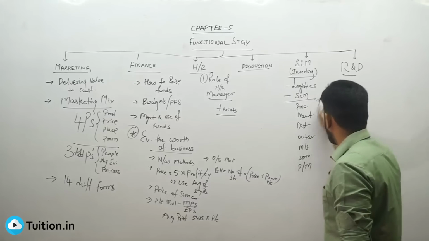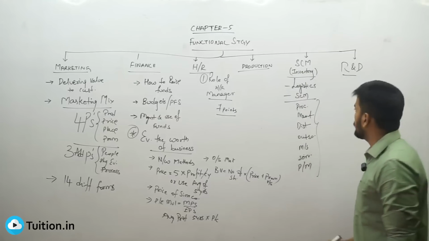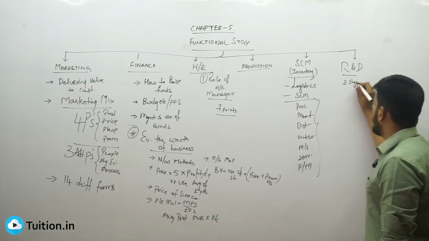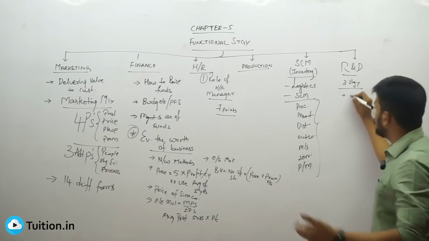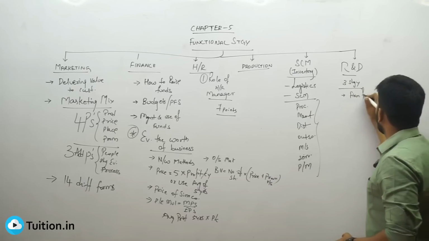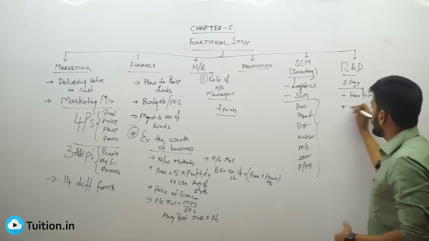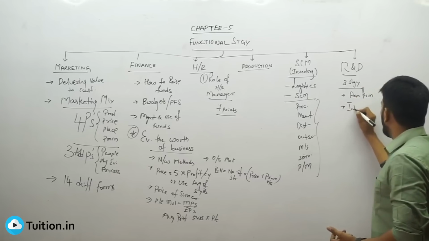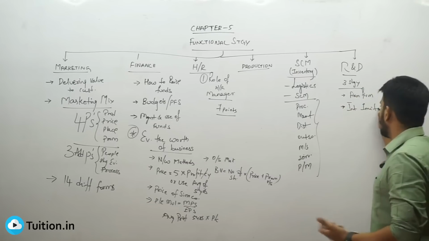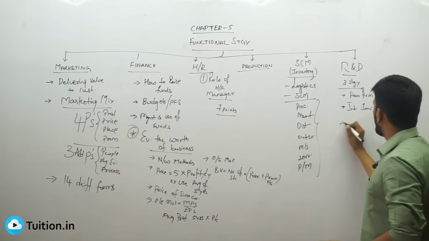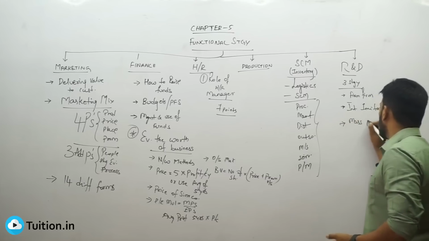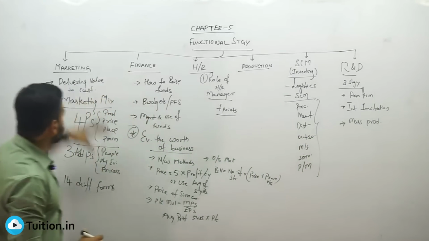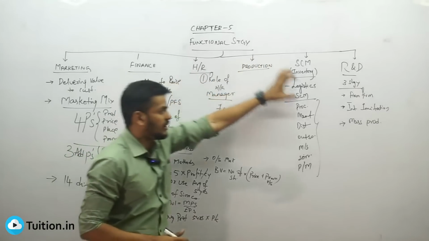And lastly, in R&D, we have 3 strategies. Either you be the first firm to do it, second is intelligent imitation, that is, copy a firm that is successful, and third is mass production. So this is all about your 5th chapter: theories on finance, marketing, HR, production, supply chain management, and R&D.